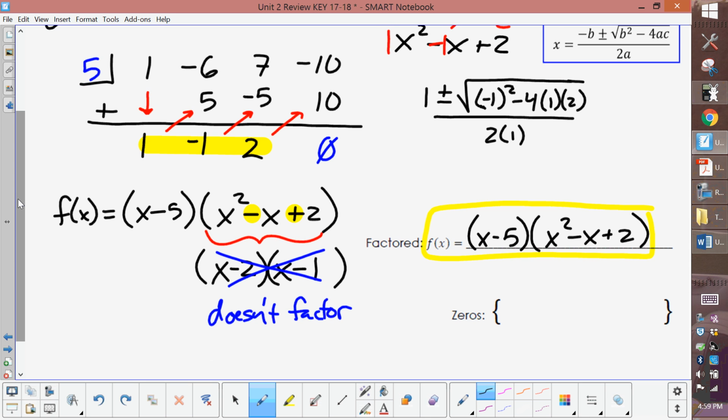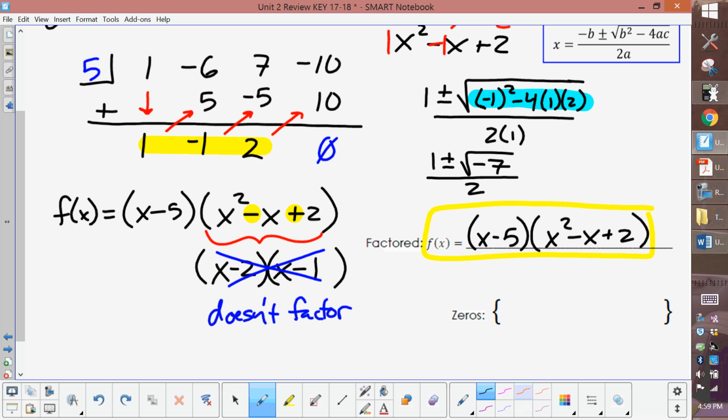All right, I always start out by taking everything under this radical sign and making it into a number. So I know 1 squared is 1. And I'm going to go minus 4 times 2, which is 8. And I get 1 plus or minus the square root of negative 7 over 2.